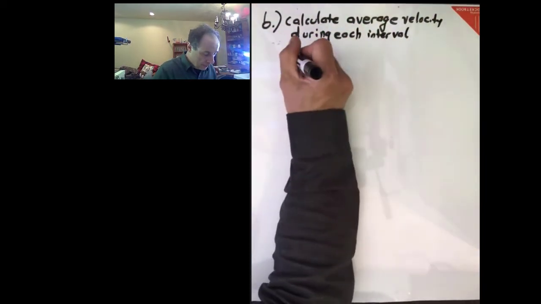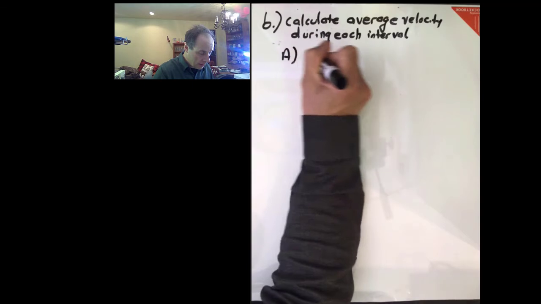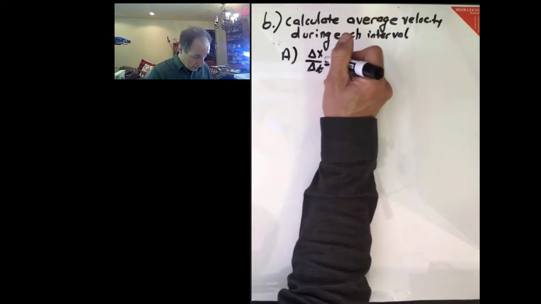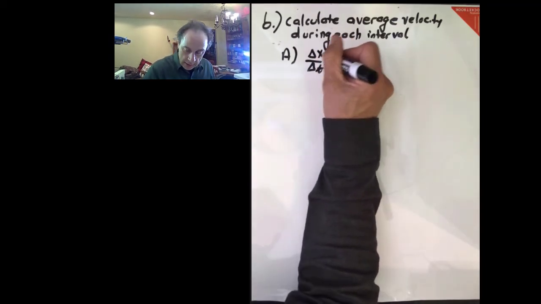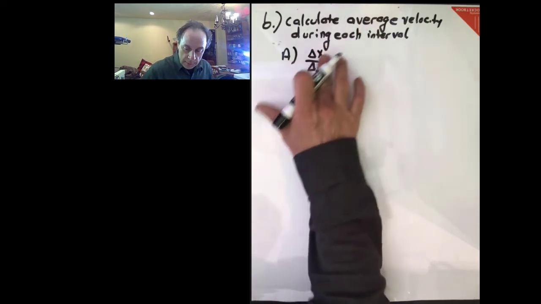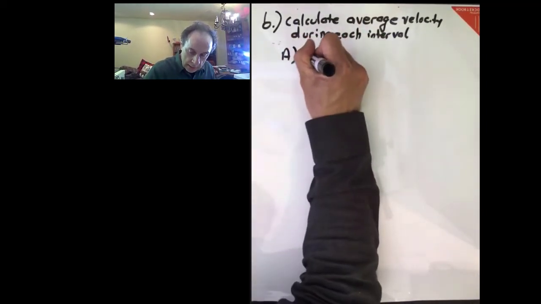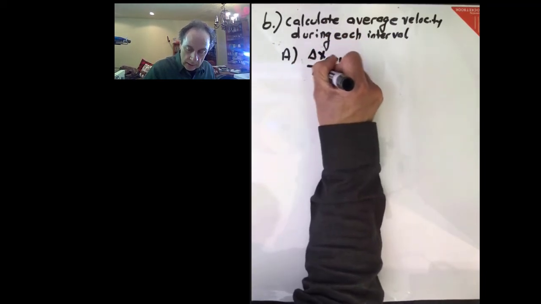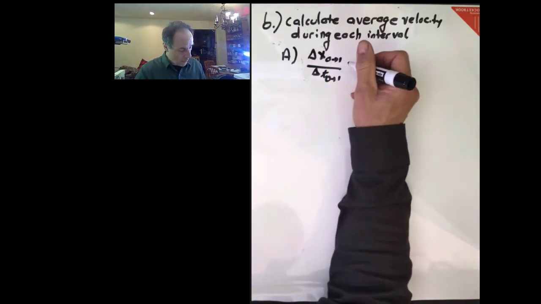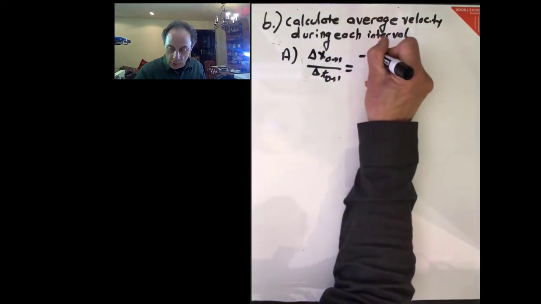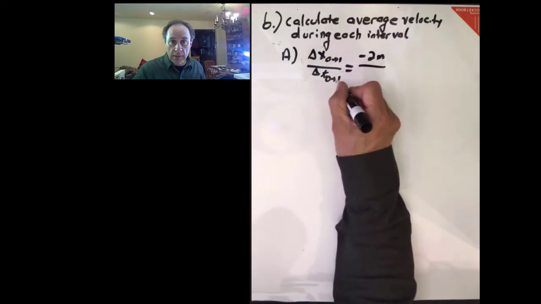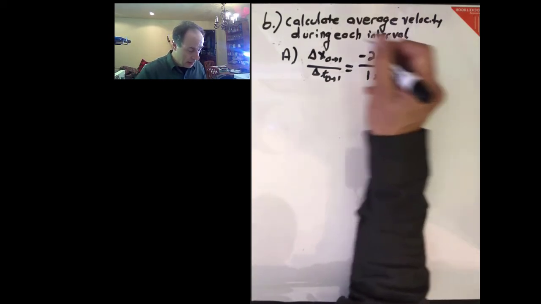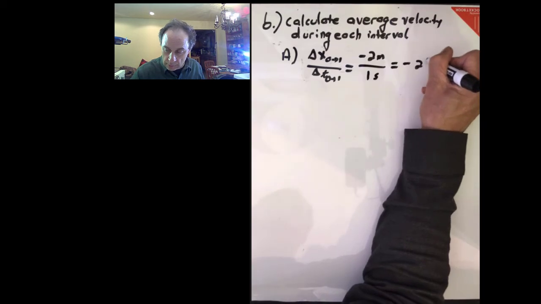So, part A, delta x over delta t. So, delta x from above, you should be specific about this. This is delta x 0 to 1, delta t 0 to 1, equals minus 2, we found that before, and going from 0 seconds to 1 second is 1 second. So the average velocity here is minus 2 meters per second.